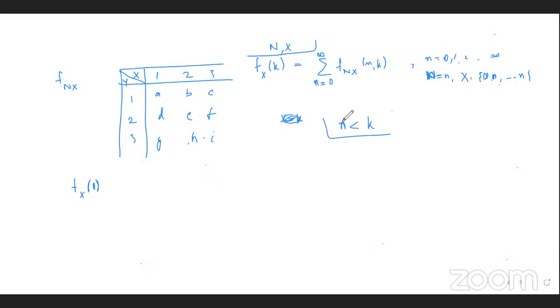Is this case possible? No. So what we are doing here is, for n from 0 to k minus 1, this value will give 0, right? If n is less than k, then from 0 to k minus 1, it will give the value 0.